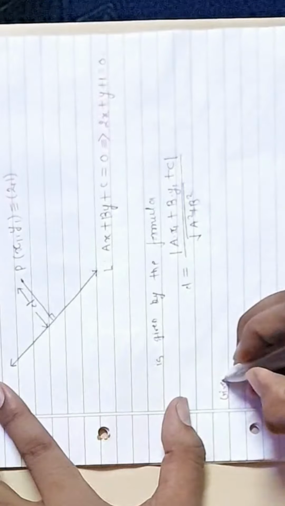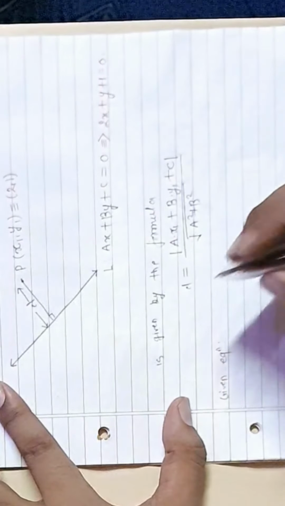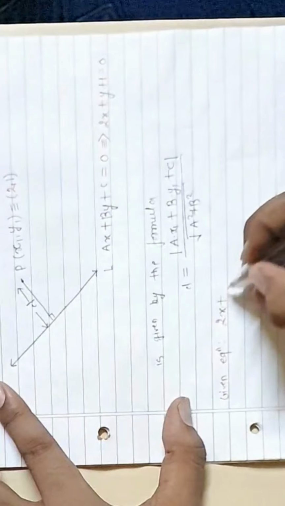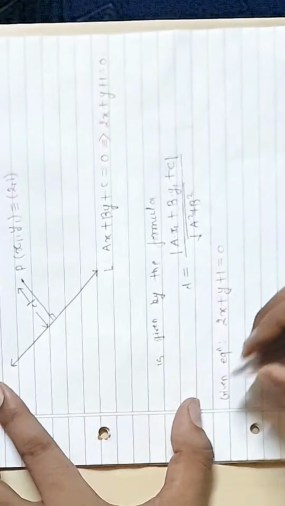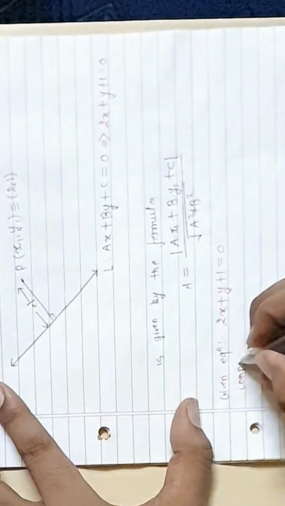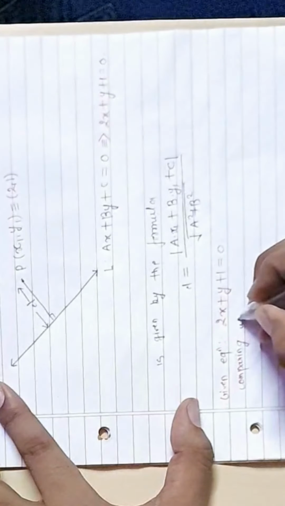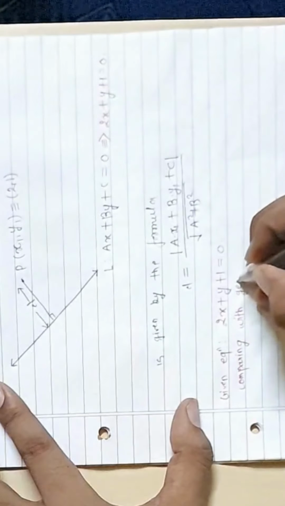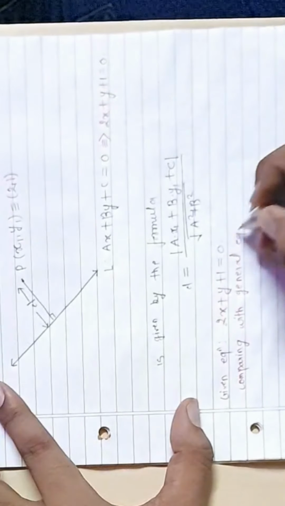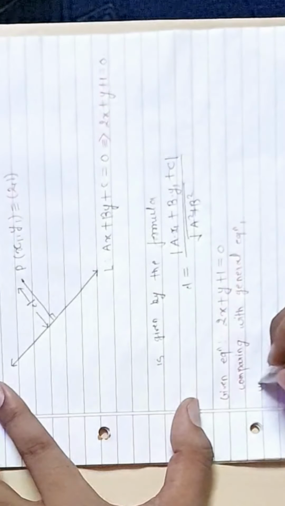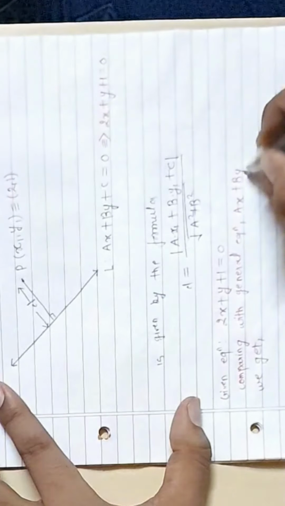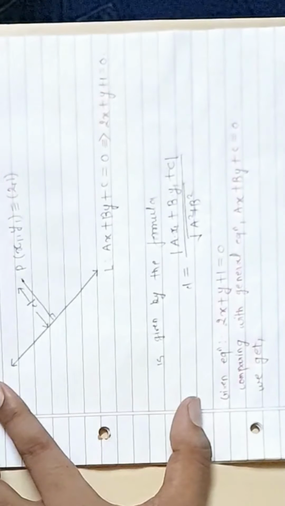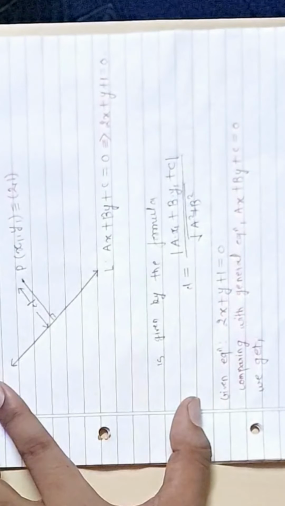We have to find this distance by this formula. The given equation is 2x plus y plus 1 equals 0. By comparing with the general equation ax plus by plus c equals 0, what do we get?